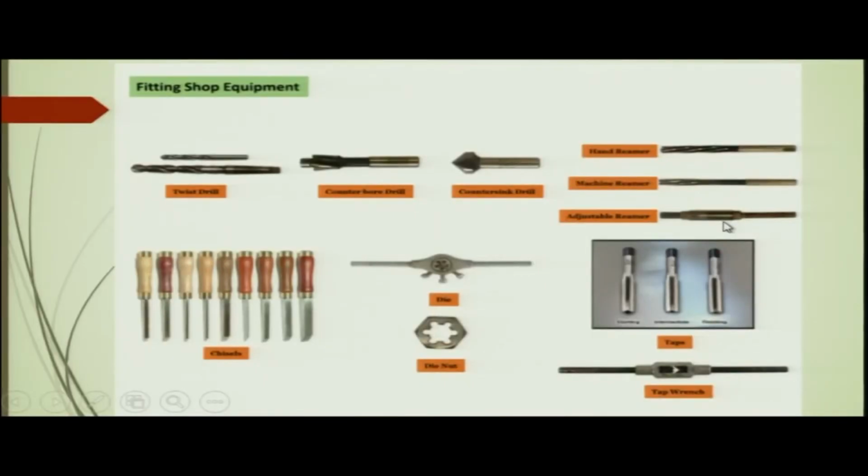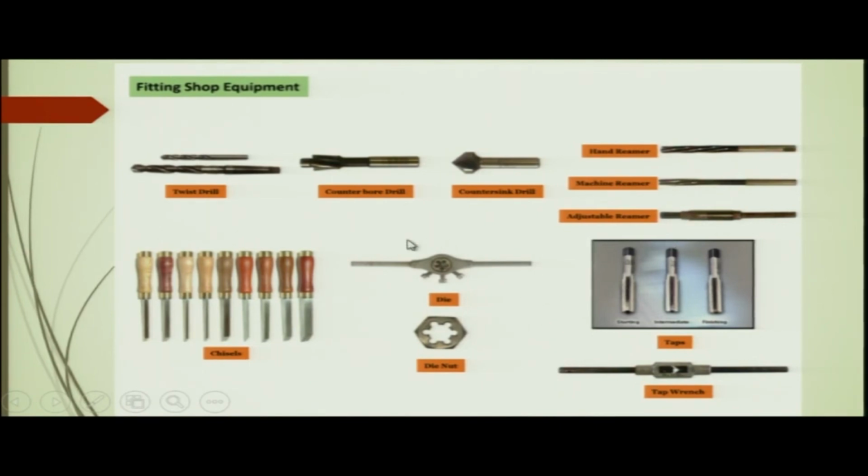Instead of the drill, if you put the machine reamer in the drilling spindle, the drilled hole can be reamed, that means for a better surface finish. This is an adjustable reamer where you can adjust the length of the reamer, but the purpose is the same. This is also used mostly on machines as a machine reamer.